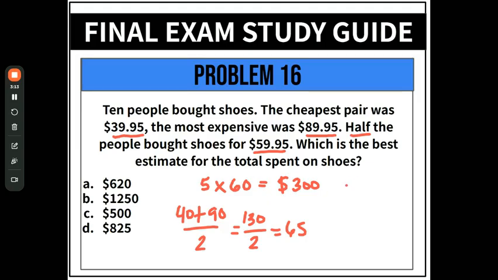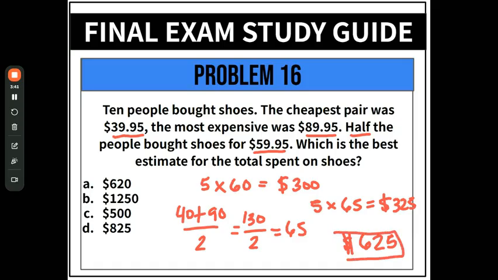Now, just as we did here, we're going to multiply those 5 remaining people by the $65. And when we do that, we get $325. So, now we're still looking for the total. So when we add the 300 and the 325, we get $625 total dollars spent on shoes.